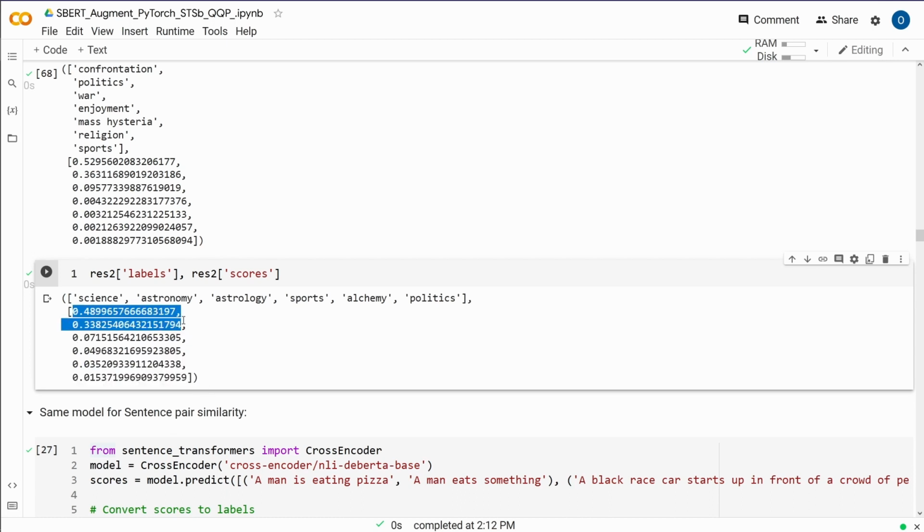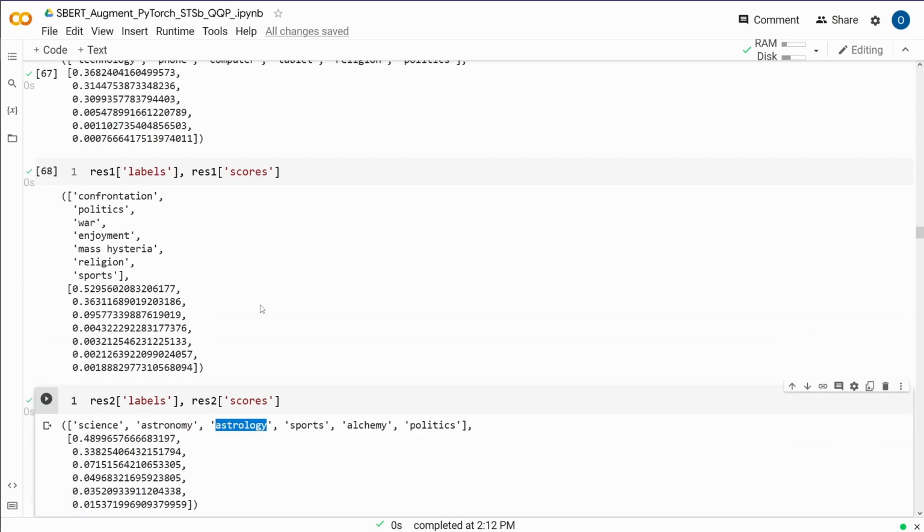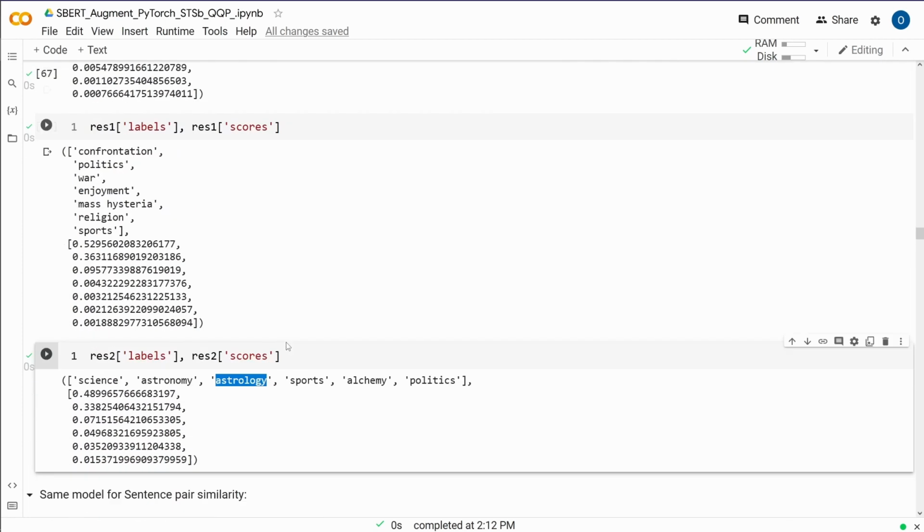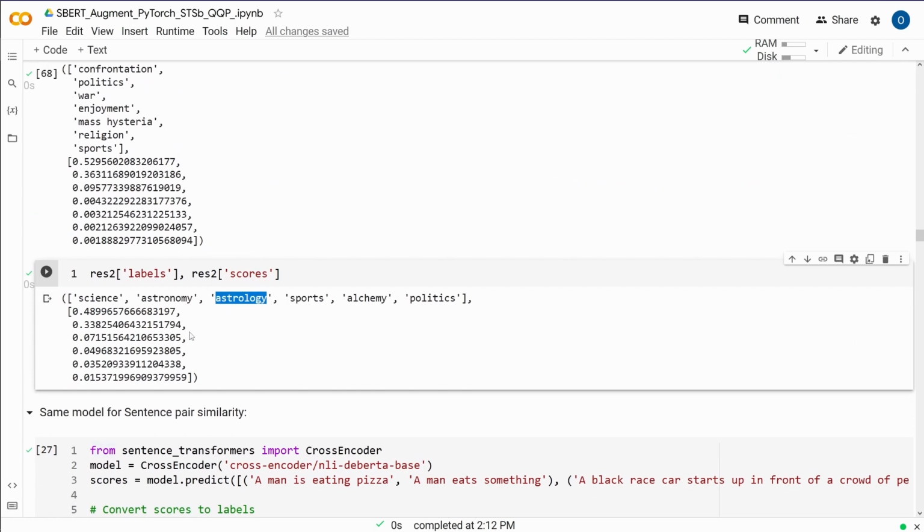So only the first two are significant, science and astronomy. And then, of course, astrology, which is nonsense, but there's also Jupiter. And there's also what I was talking about, Jupiter is a planet in the solar system, and they use Jupiter for something. Okay, then sports, alchemy, politics is no, and no.